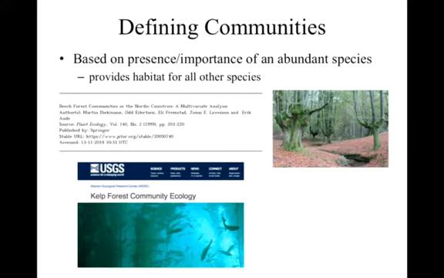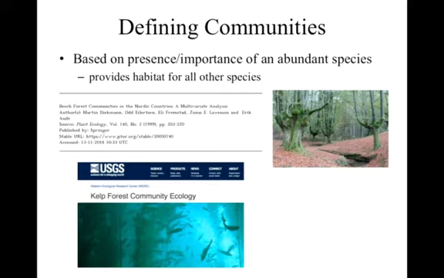Another good example that's terrestrial might be a beech forest. So beech forests tend to be very low diversity. Mostly the trees you're going to find are going to be the beech trees. And so these beech trees provide the habitat for all of the animals and insects that live in that forest, both in terms of just the trees themselves, providing nesting sites for birds and food, but also even just the leaf litter on the ground is mostly going to be beech leaves, and so all the litter insects are going to be primarily using the beech litter as where they live.